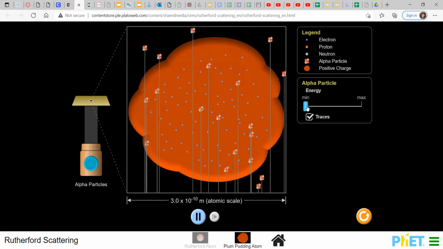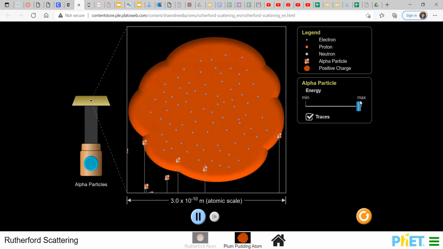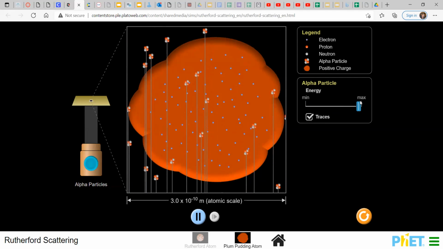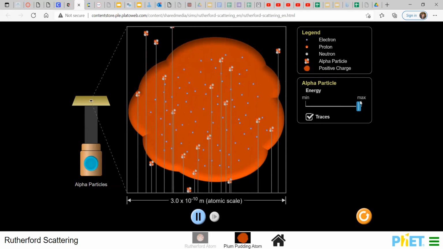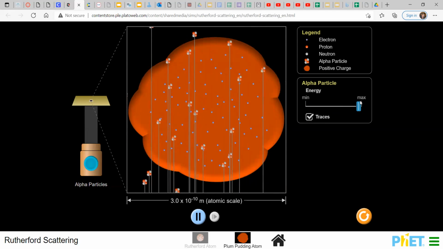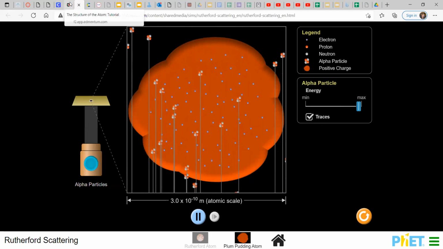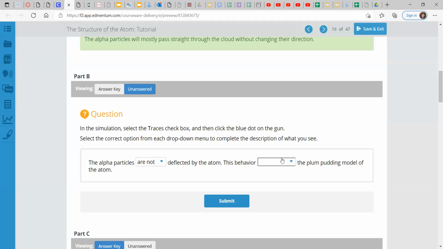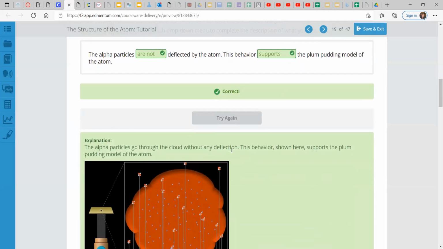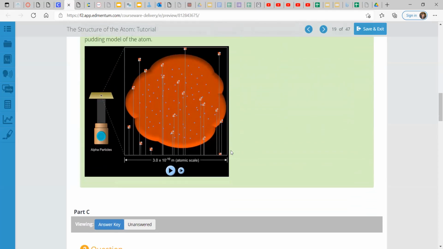So traces. Yeah. So if you look at the traces, it's all straight, no deviation. So that would support the plum pudding model. No deflection.